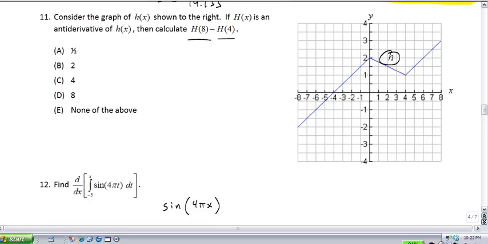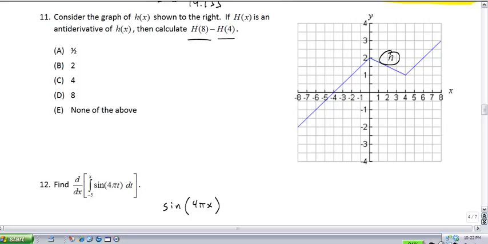Your first thoughts are, well, I'll just find the antiderivative. If I can find the antiderivative, I'll just plug in 8, plug in 4, I'll subtract them and I'll have the answer. There you go. What's the antiderivative?